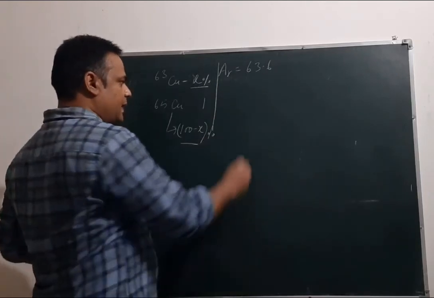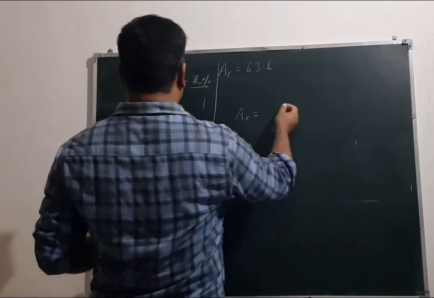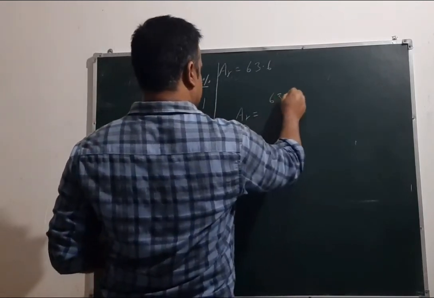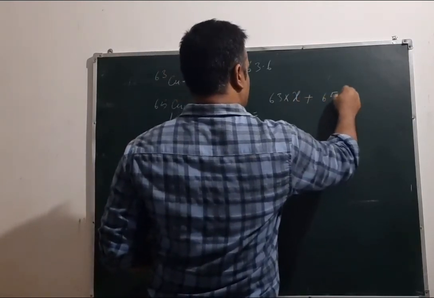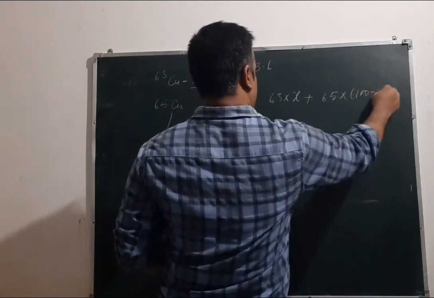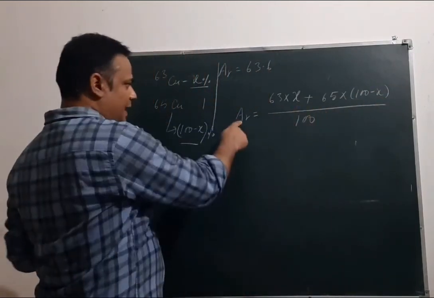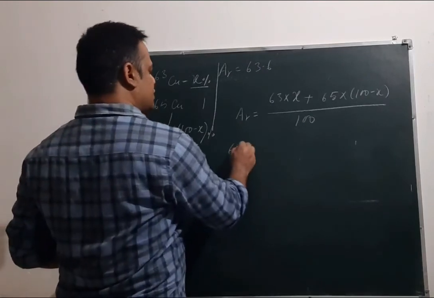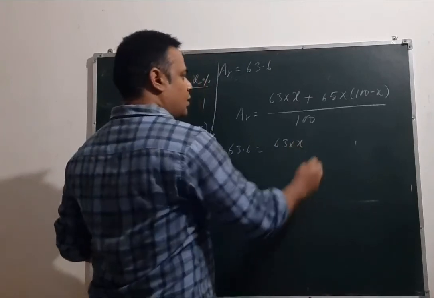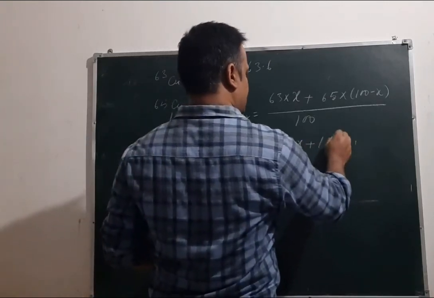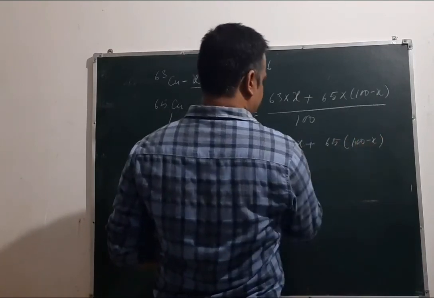Now if we apply the formula, AR is equal to 63 into X plus 65 into 100 minus X, divided by 100, and we have the AR value, that is 63.6, equal to 63 into X plus 65 into 100 minus X divided by 100.